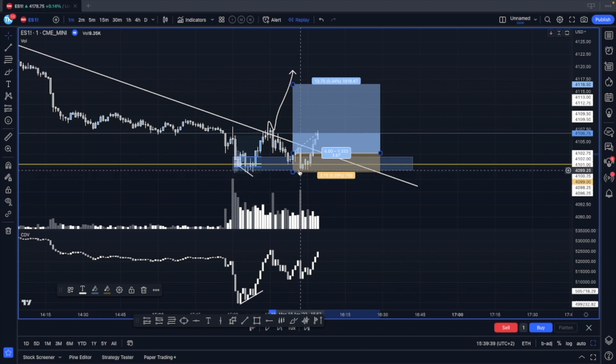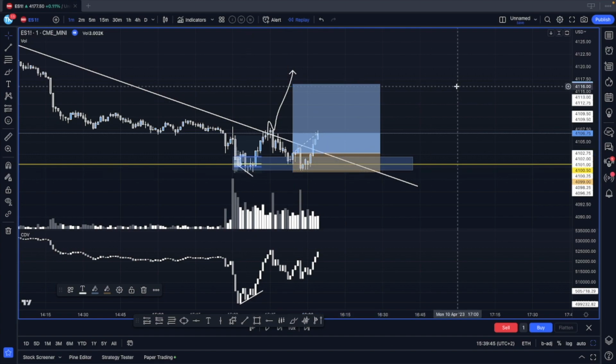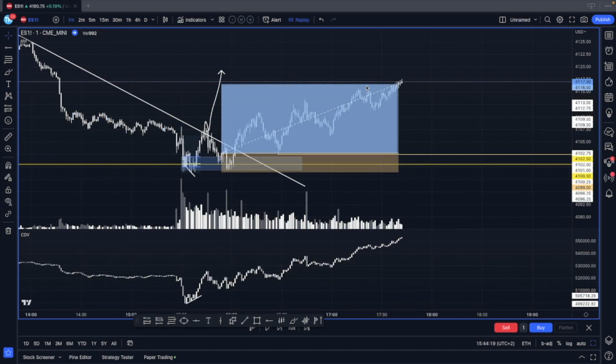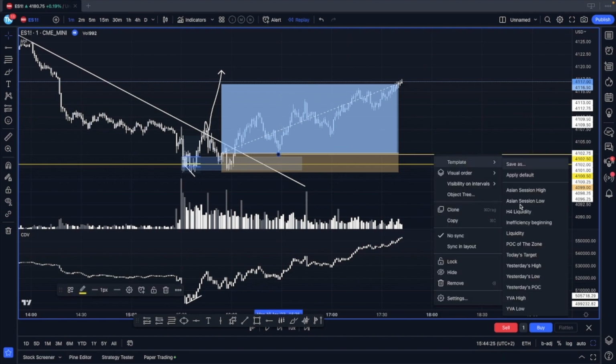So the stop loss will be below the trap sellers here. As you can see, this is a clear liquidity level.